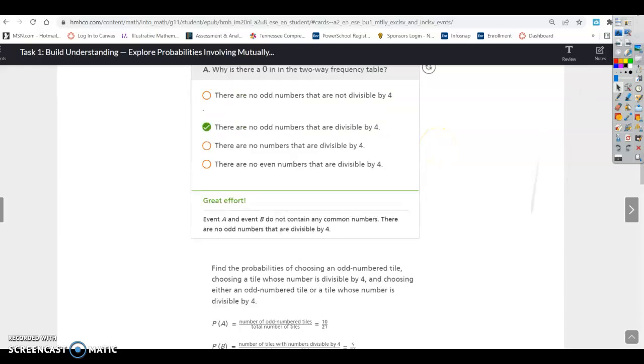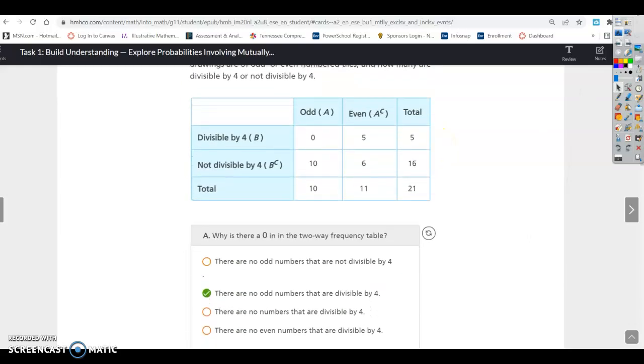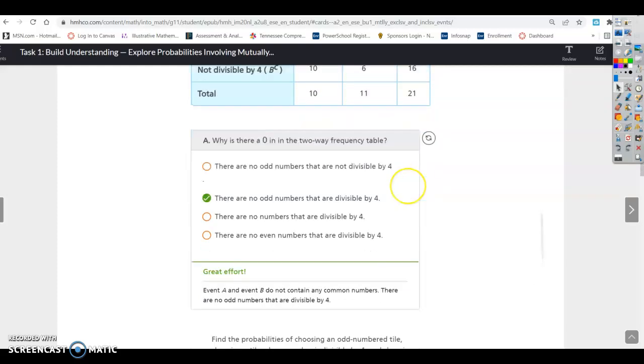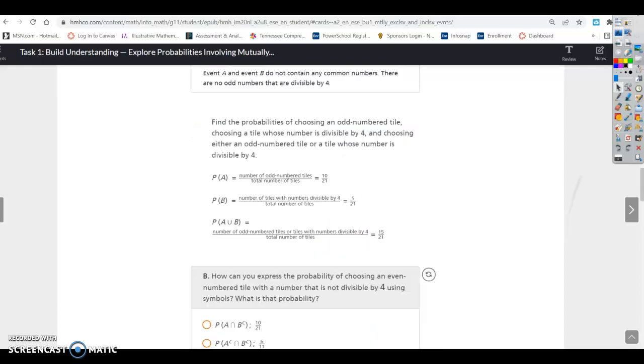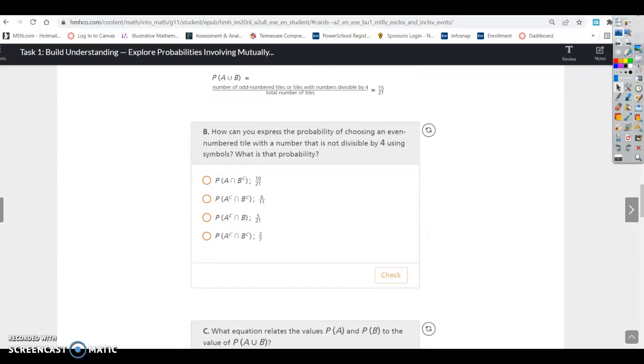The probability of B is 5 out of 21. And then the probability of A union B, which means these two combined. Remember, union means you join the two together. So 10 plus 5 is 15 out of 21 events.